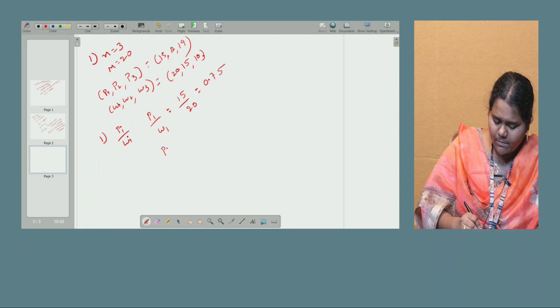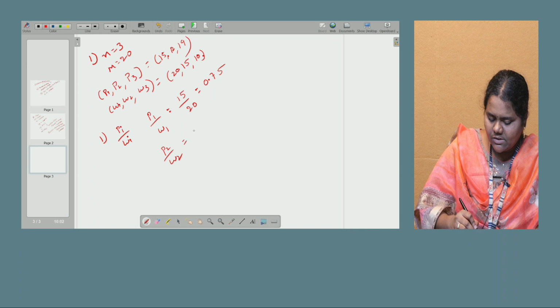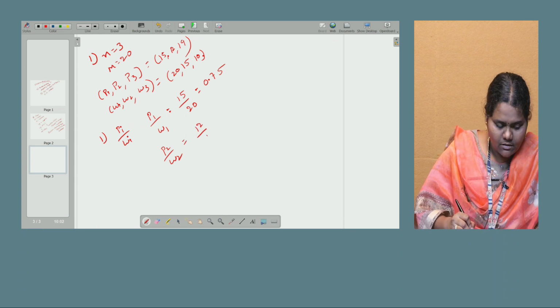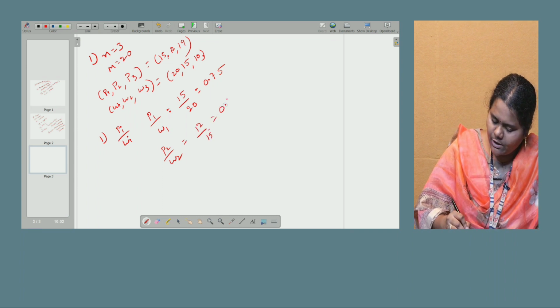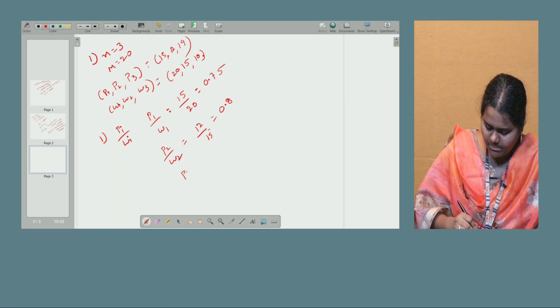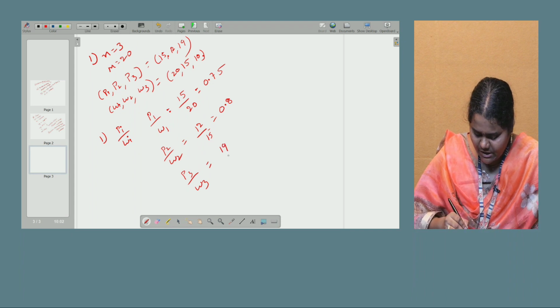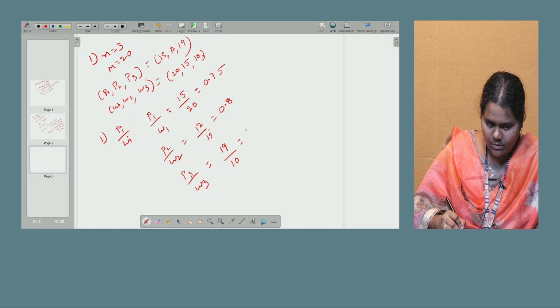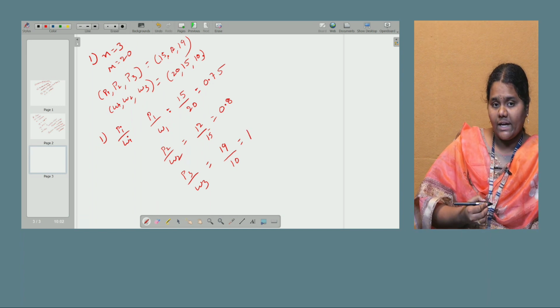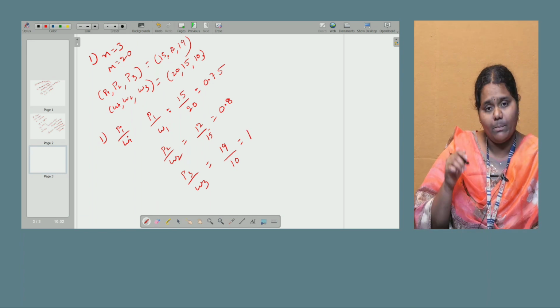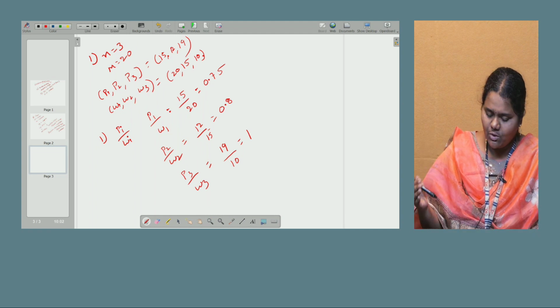Next P2 by W2 is 12 by 15, which is equal to 0.8. After that P3 by W3 is 19 by 10, which is approximately 1. So here we are finding the Pi by Wi ratios.